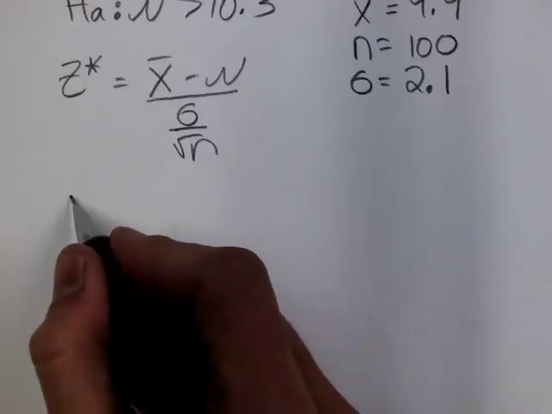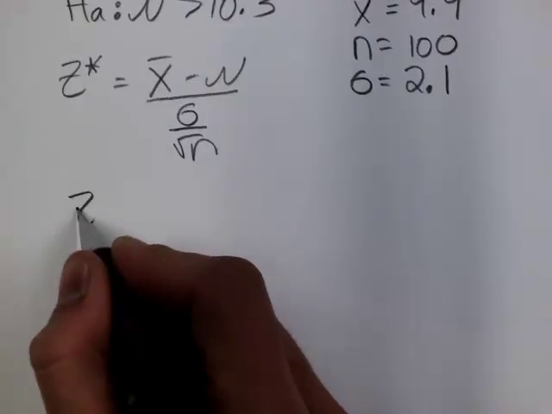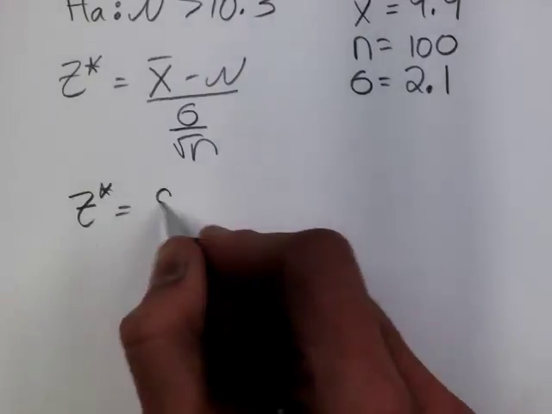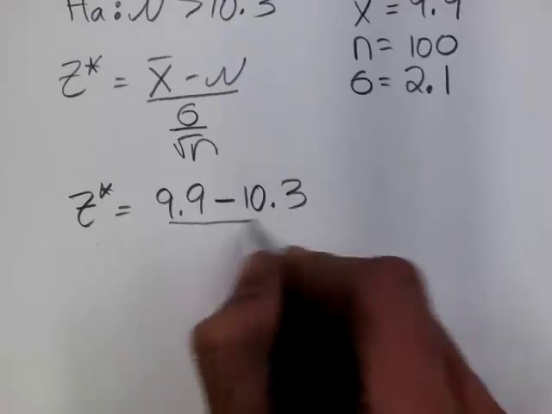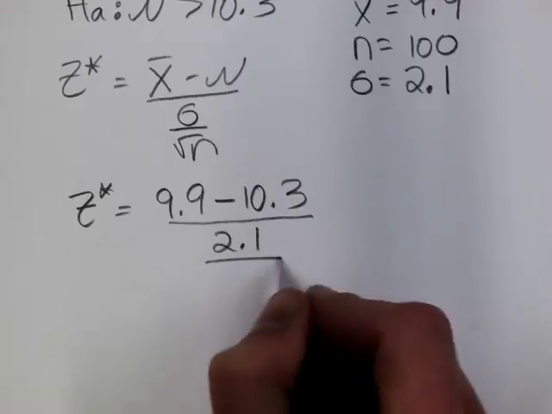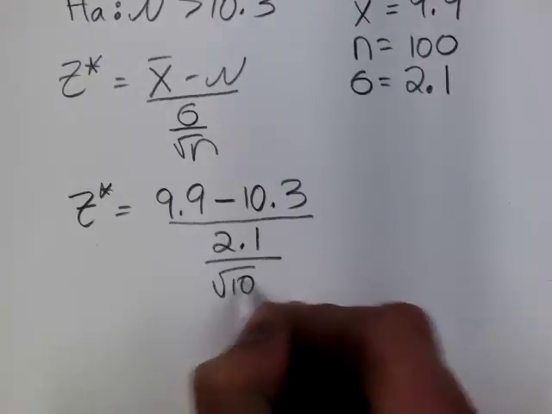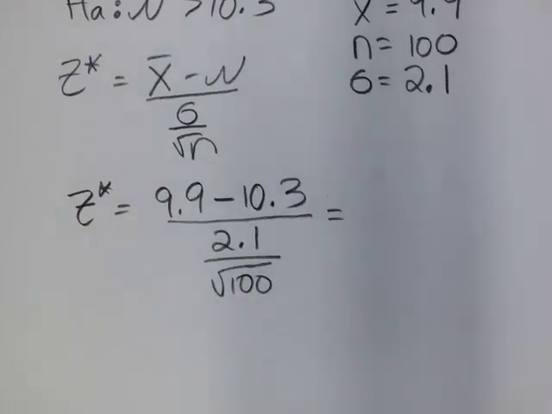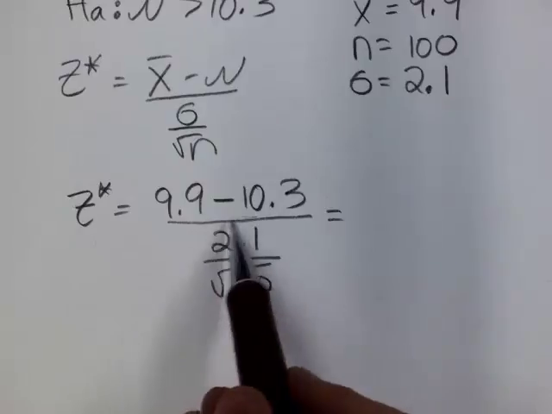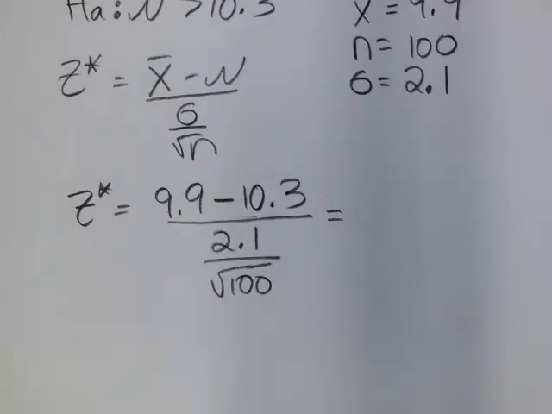Oh well. So plugging into this formula, I get 9.9 minus 10.3 over 2.1 over the square root of 100. Plugging that into the calculator, looking at this numerator, I expect my test statistic to be negative because that sample mean is below the hypothesized mean.